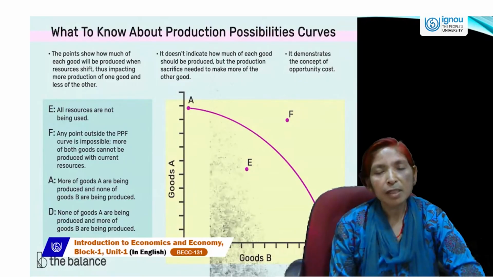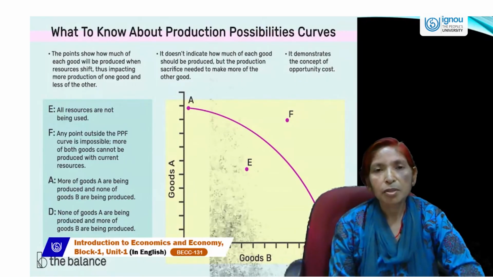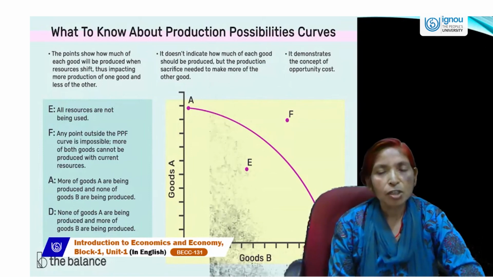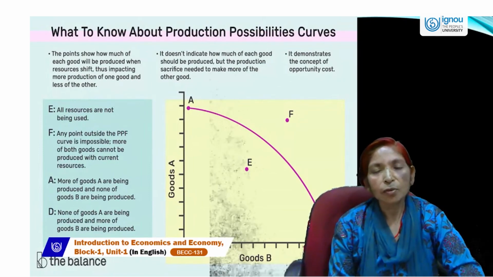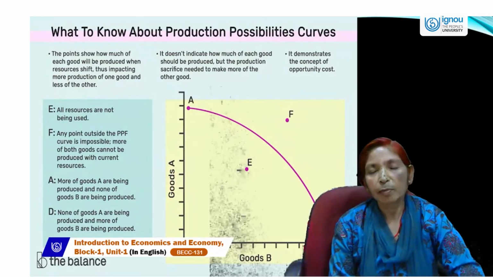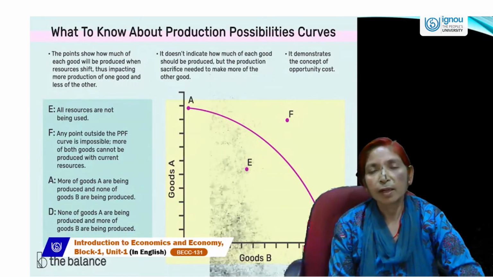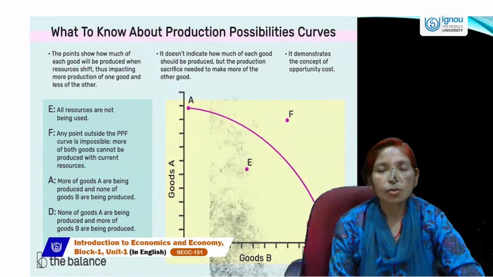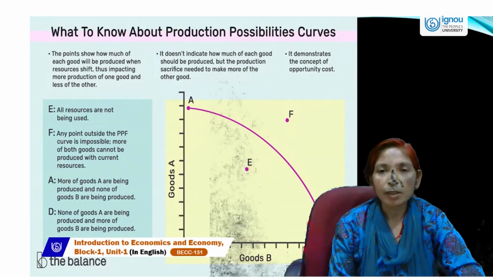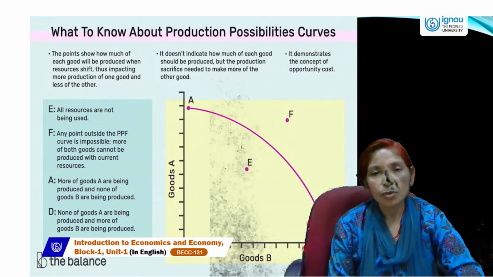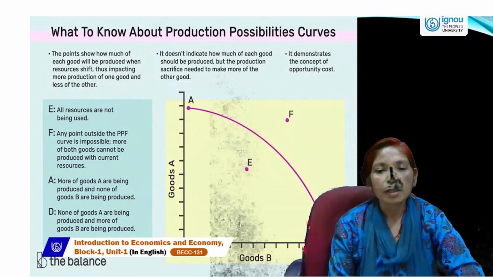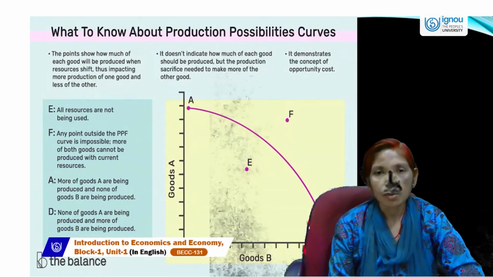Here, the A to D curve is known as the production possibility curve, which shows different combinations of two goods that can be produced by the producer with the help of given technology and given resources. If we are fully utilizing all the available resources, then we can produce different combinations of two goods.